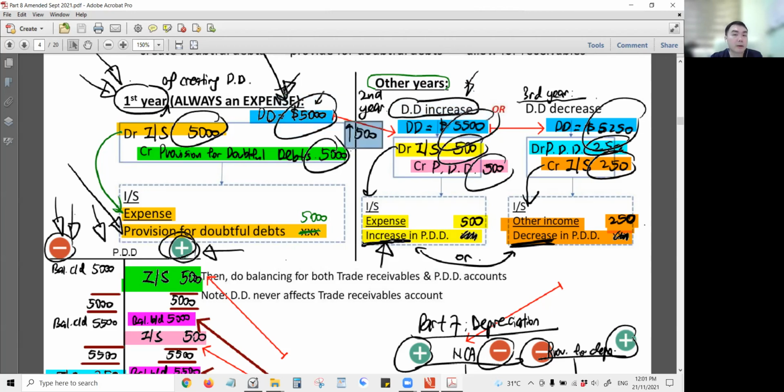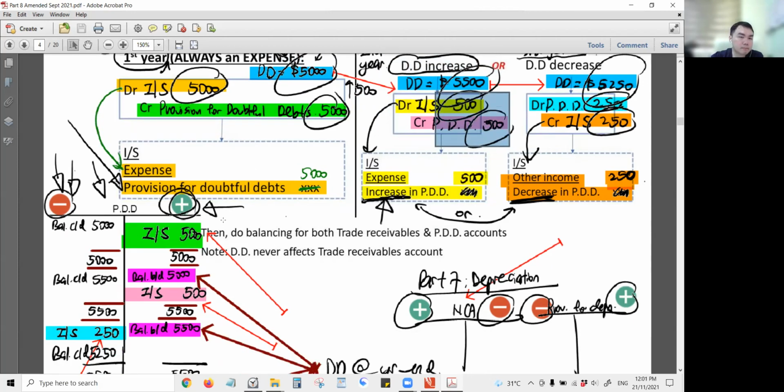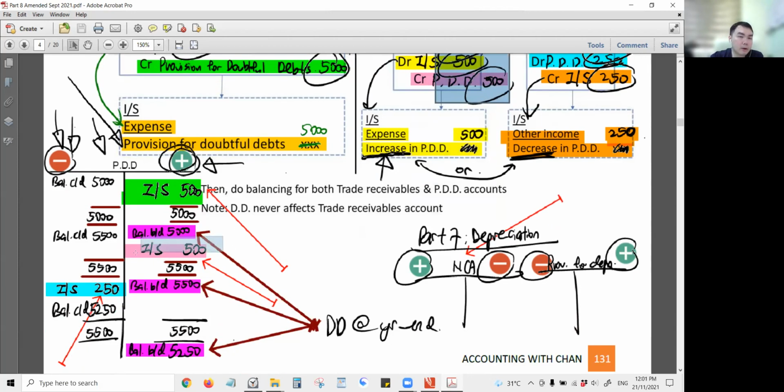Okay, it has increased by 500. Again, the double entries will be the same as the first year because it's an increase. So credit provision for doubtful debt account again. Then you debit income statement. The amount used is 500, the amount of increment. Therefore, you see here, credit PDD 500. Okay, and then you balance it again. Then we are in the third year.